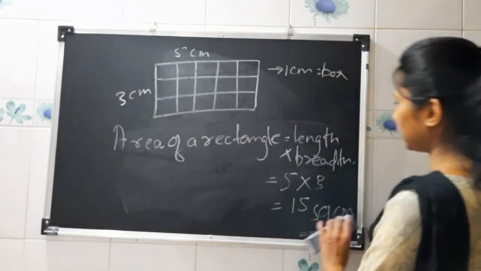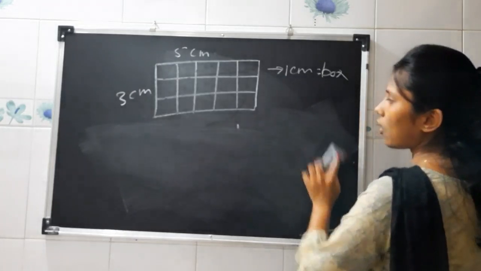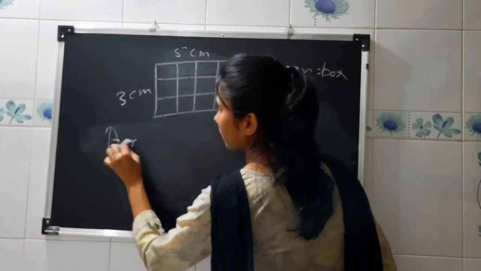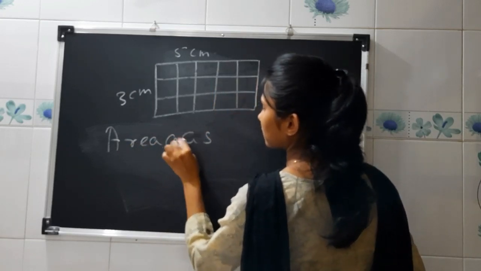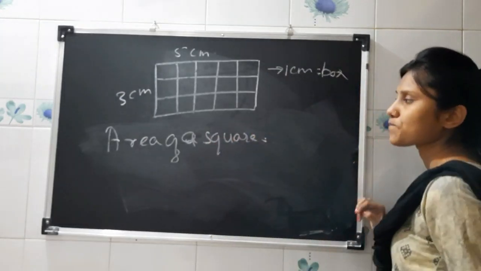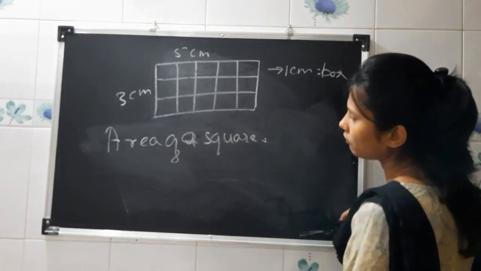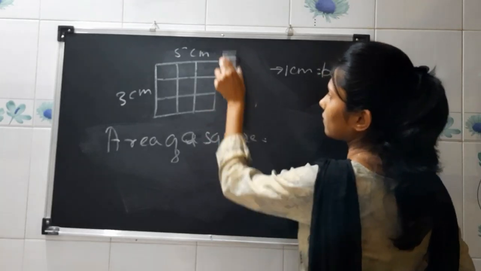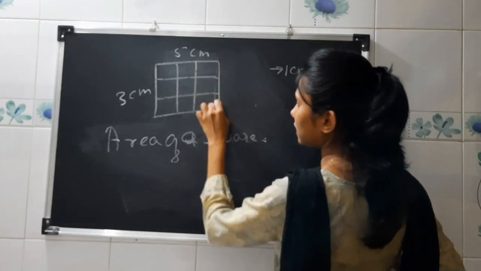Similarly, the formula of area of a square. See, all the sides of a square are equal.